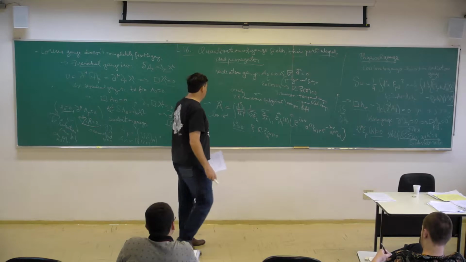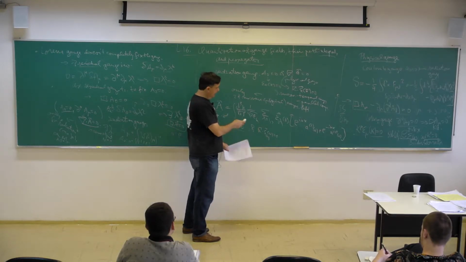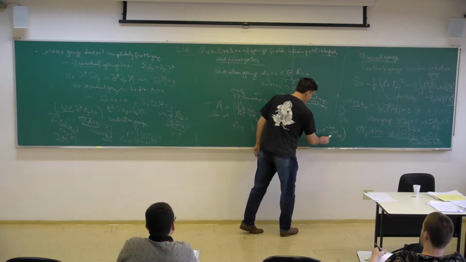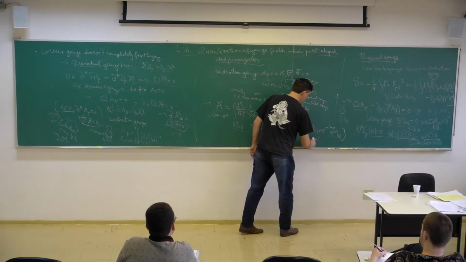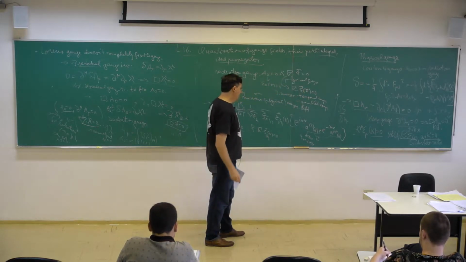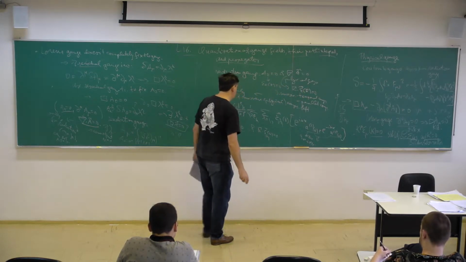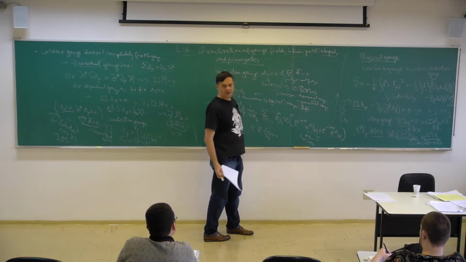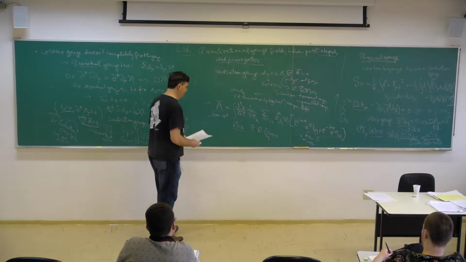And of course, this is a classical solution, but it was chosen in such a way, including the normalization, such that a and a dagger become the operators a and a dagger in quantum mechanics. And to do so, I will still need to have these polarization vectors be orthonormal.